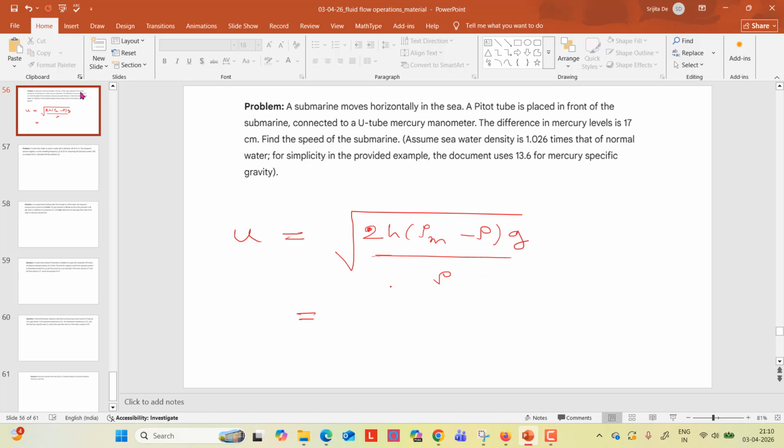So it is coming as 6.428 almost. Okay, 6.483 meter per second. Okay.